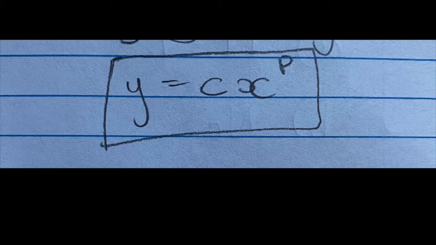So now we have our standard linear equation, and we want to convert that into the power equation. And we know what that is. That is y equals cx to the power of p. So the first thing that you want to do is to get both logs on the same side.